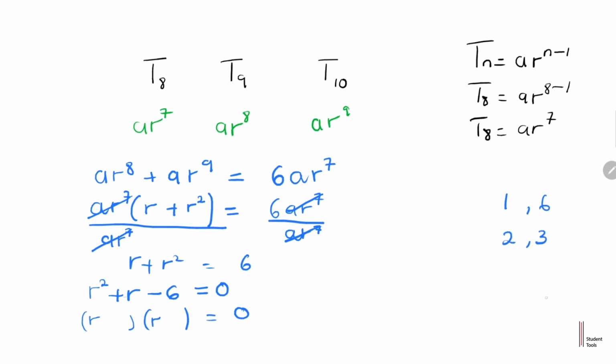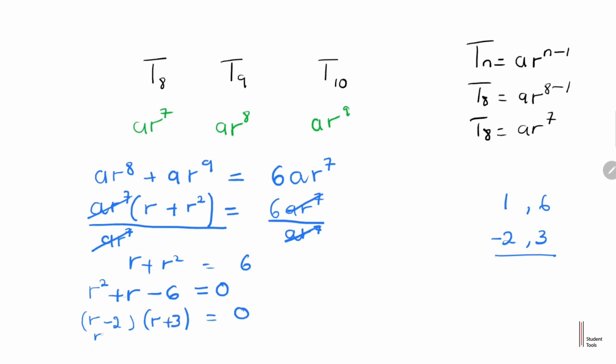So which pair can we use? I think we can use this pair, but the 2 has to be negative, because negative 2 multiplied by 3 is negative 6, and negative 2 plus 3 is positive 1, which is the coefficient of r. So we will use negative 2 and positive 3.